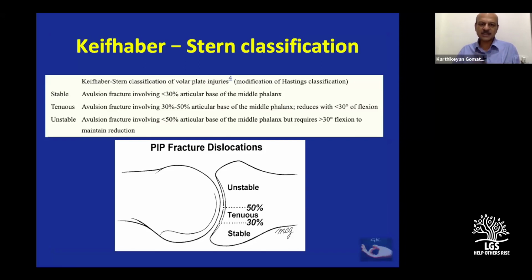According to the Kiefer-Stern classification, he has classified it under stable, tenuous, and unstable. So this is classified similarly to the Eaton classification, according to the amount of joint that is involved. So ultimately what we are bothered about is maintaining the joint line and maintaining the movement at the PIP joint.